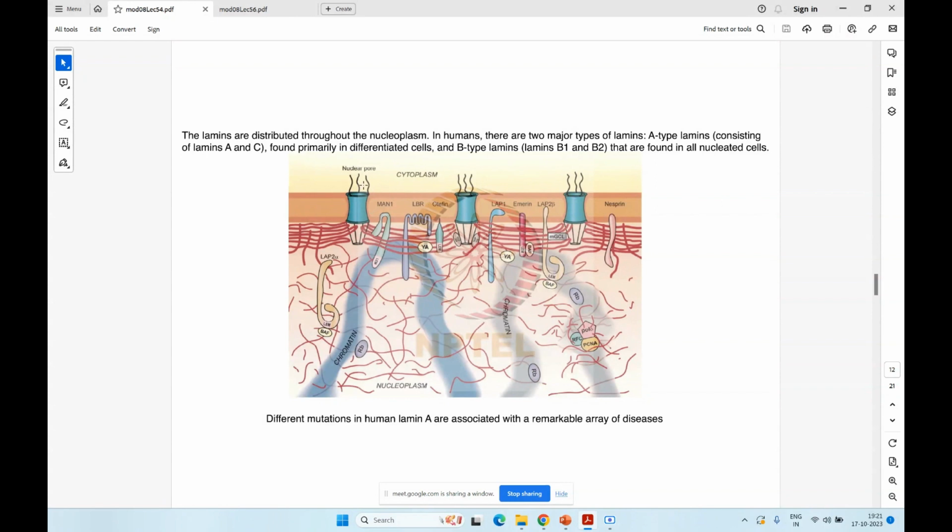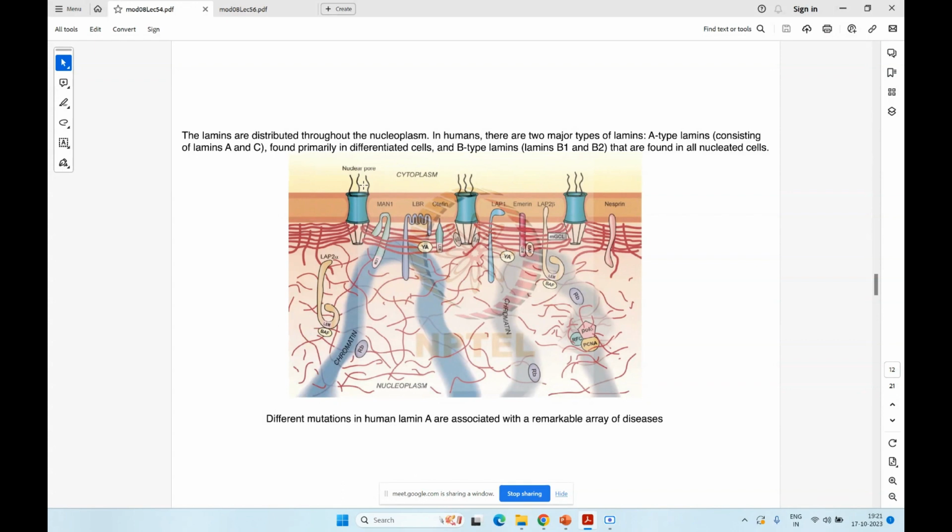A type lamins are present in terminally differentiated cells, such as intestinal cells, lung alveolar cells, skin cells, things that are no longer going to divide. B type lamins, however, are present in all types of nucleated cells. They are present in differentiated cells. They are also present in the stem cell population of the body.